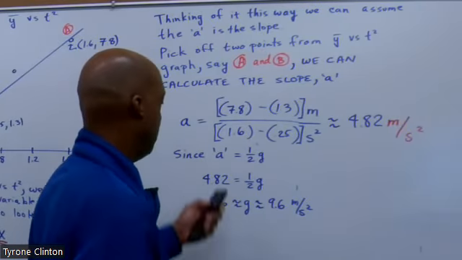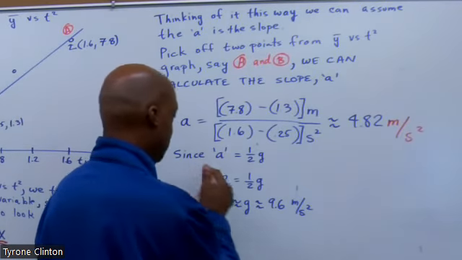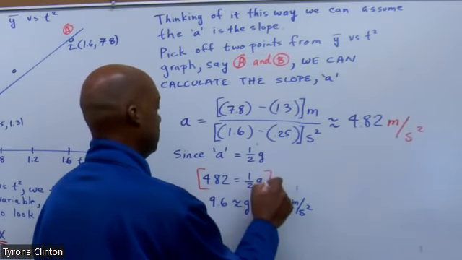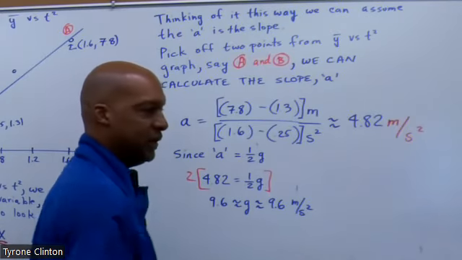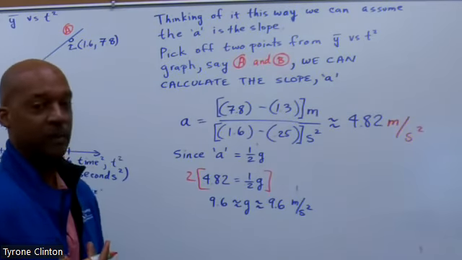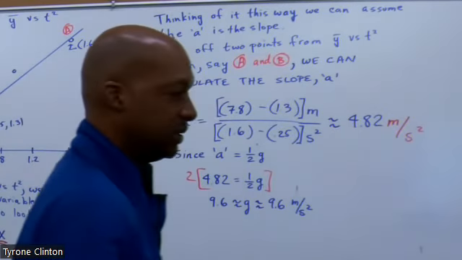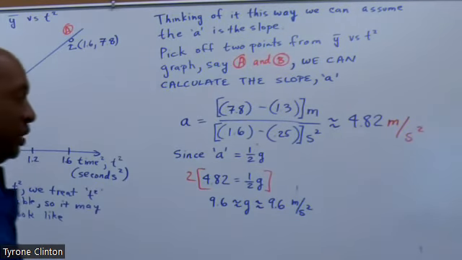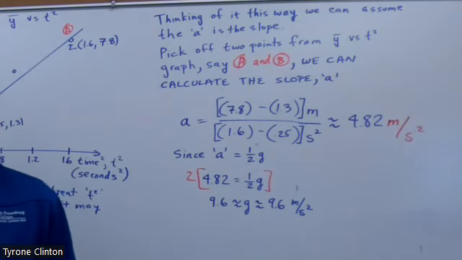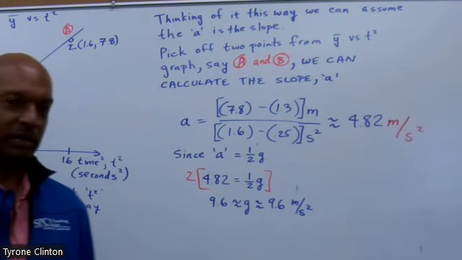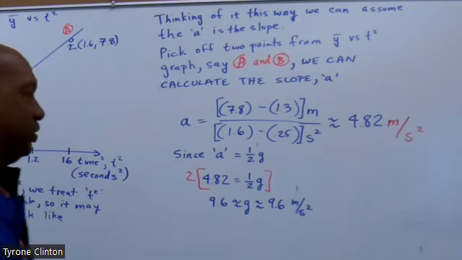And so by solving this for g, I would multiply both sides by 2. That clears the fraction and gets g isolated. And now I see that g experimentally, by my standards here, turned out to be 9.6 meters per second squared. And we know that the acceleration due to gravity, the typical standard number, is 9.8 meters per second squared. So that's in the range and it seems reasonable.